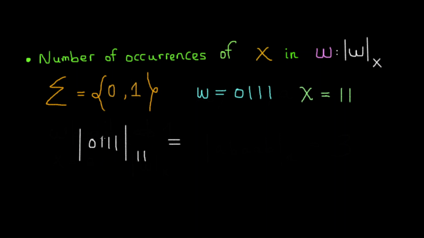Well, if we analyze this word, we can see how this is the first occurrence of the word 11, but then we have another one. And so basically with different colors, this is the first occurrence, and this is the second occurrence. So we have here 2 total occurrences of 11 inside this word. And so we just write 2.